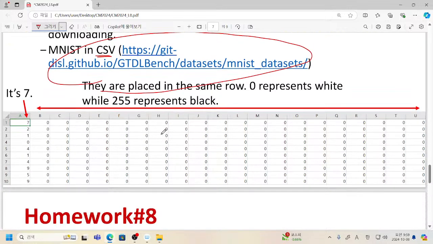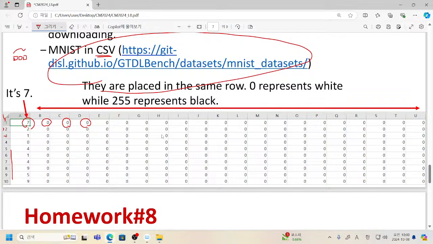When you open the file in Excel, for example, this was loaded in Excel, but you can use many different programs to load this CSV file. Then you can find many different rows, 1, 2, 3, 4, and each row is assigned to one handwritten image. So this first number means that this is a 7, and this is the topmost pixel, and this next one is the next pixel, and another one is the next pixel.